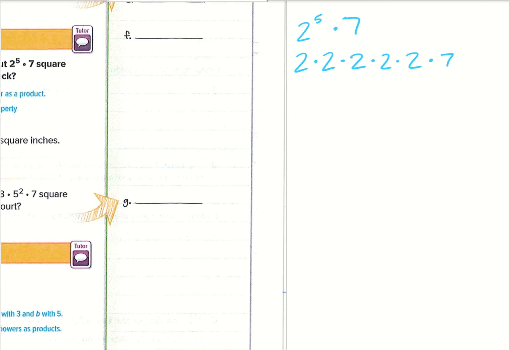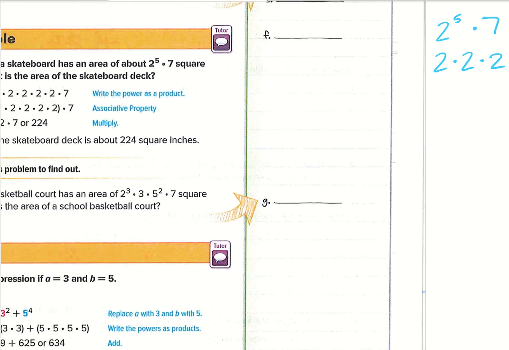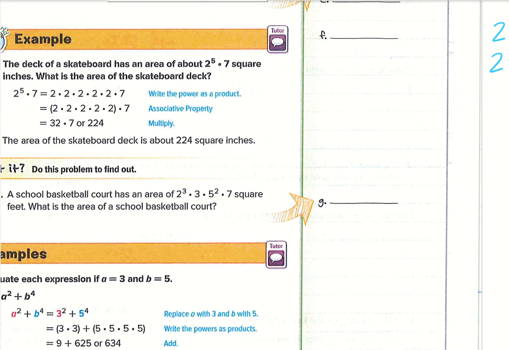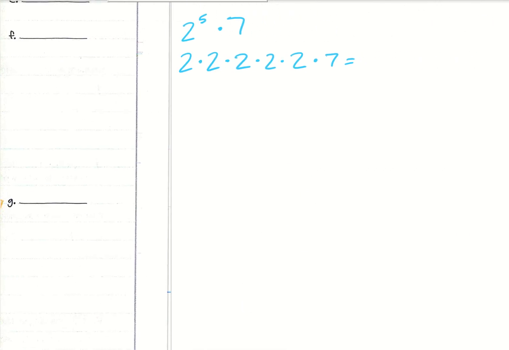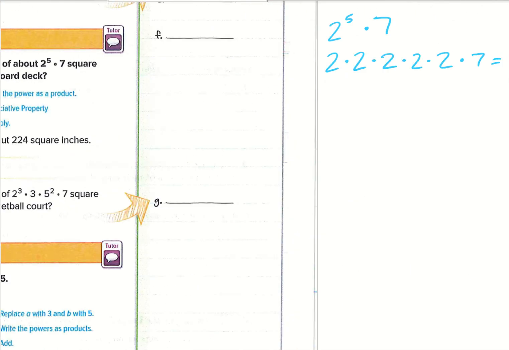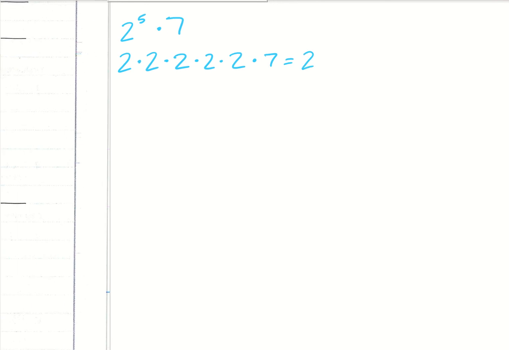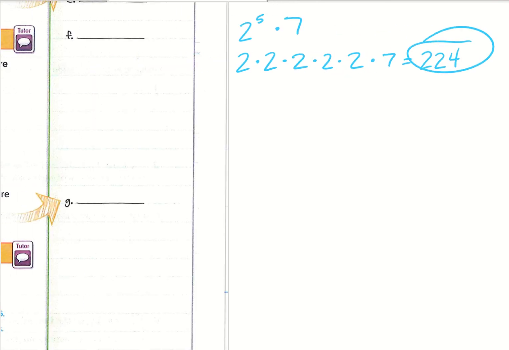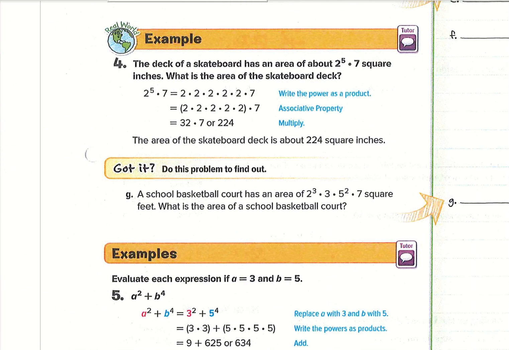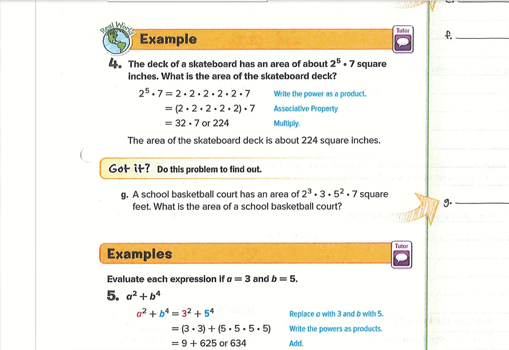So then we multiply all that by 7. You can put that into your calculator as well. That will give you, it said 224, right? Yep, 224. Sorry, I don't know that one off the top of my head, so I had to look back. Okay, so that's what you get when you do that one. Real simple. So it's 224 square inches.